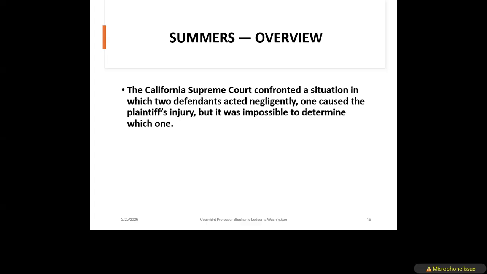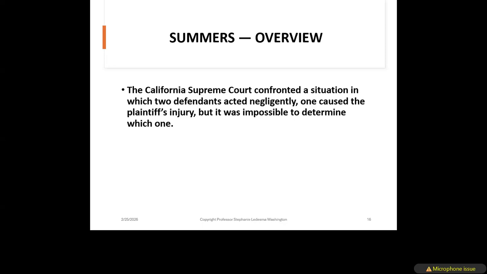So what are we supposed to do? Under traditional but-for causation principles, the plaintiff would have lost, right? The plaintiff would have lost against both defendants because the plaintiff wouldn't be able to establish by a preponderance of the evidence which of the defendants was the one that is causally linked to the harm.